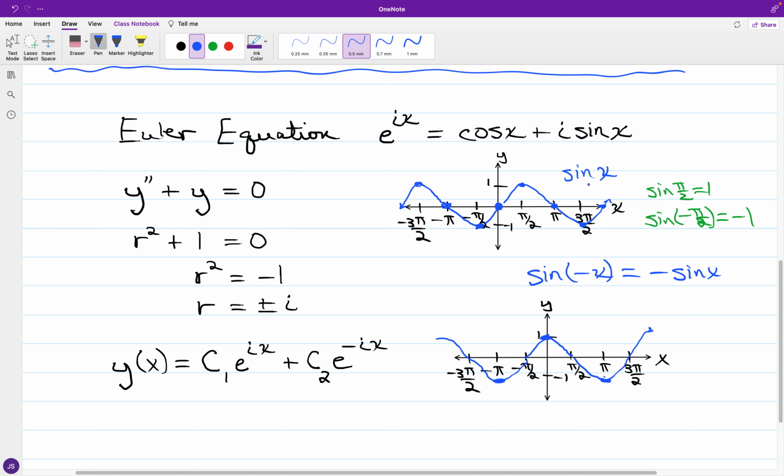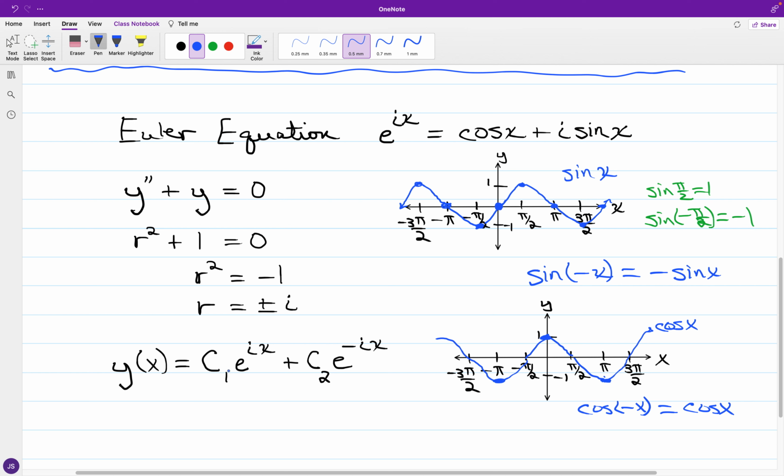Now, a sine function is an odd function, where you have symmetry with respect to the origin, so both halves reflect about the origin. Whereas the cosine wave is an even function, where both halves have symmetry with respect to the y-axis. The cosine of negative x has the same value as the cosine of x.